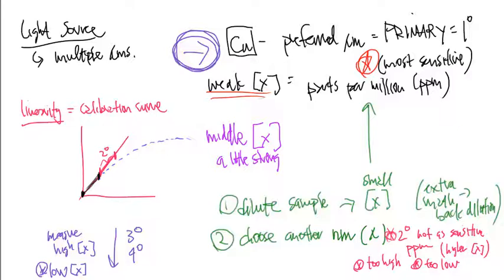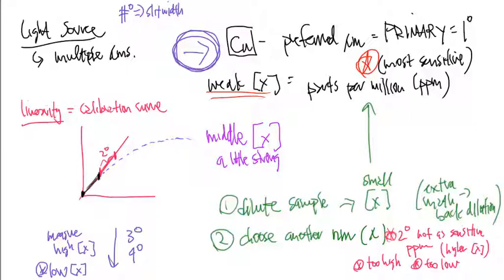Keep in mind that each of the wavelengths, primary, secondary, tertiary, will have their own slit width. Now, sometimes they're the same when you go from one to the other, but sometimes they change. So when you change your wavelength, you have to double check the slit width.